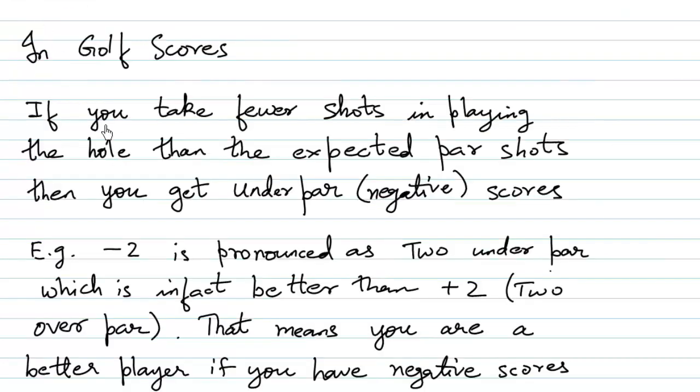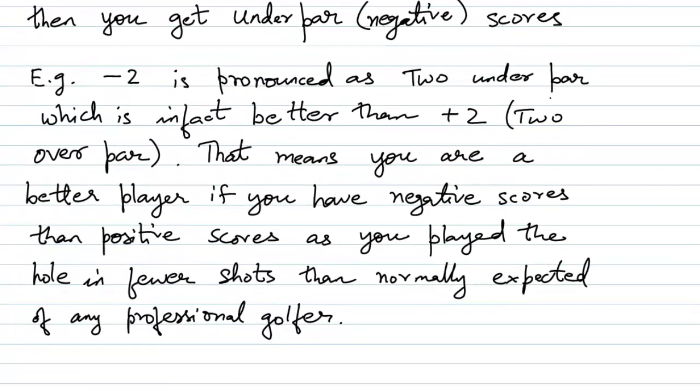Then in golf scores, if you ever have watched a golf match or if you have played one, you know that if you take fewer shots in playing the hole than the expected par number of shots, then you get under par or negative scores. And in fact, in golf, having a negative score is much better than having a positive score. For example, -2 is pronounced as 2 under par, which is in fact better than +2, 2 over par.